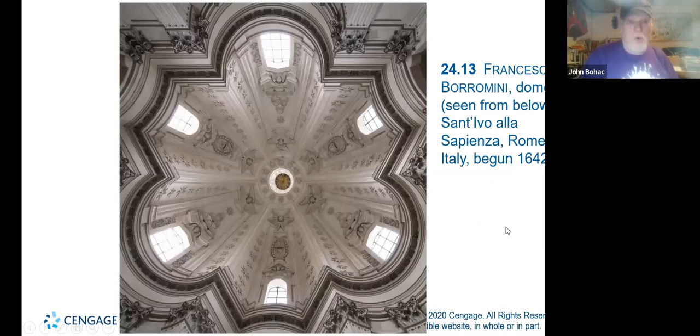Check this out, more Borromini. Magnificent. The curvilinear, the straight, but mostly the curvilinear and the oval.